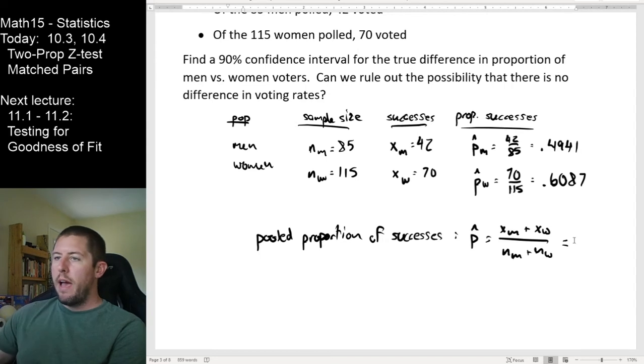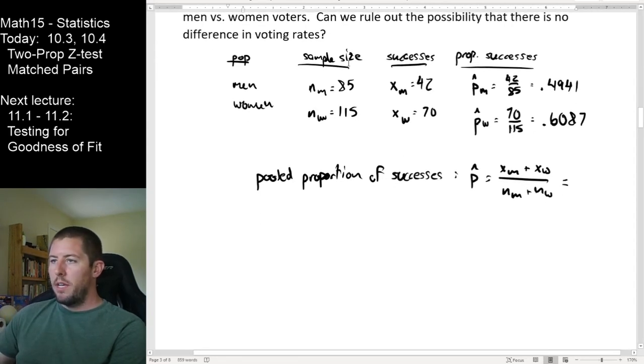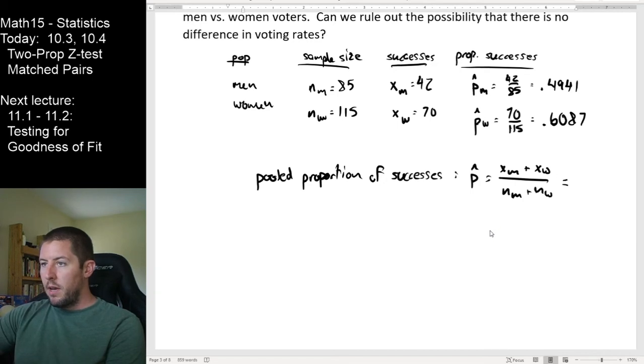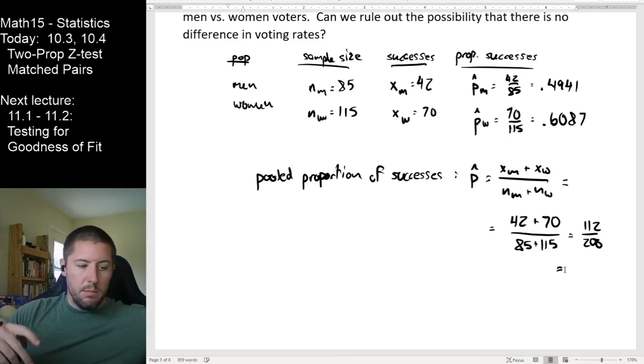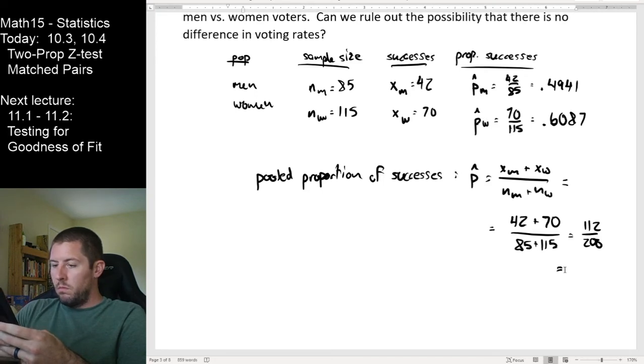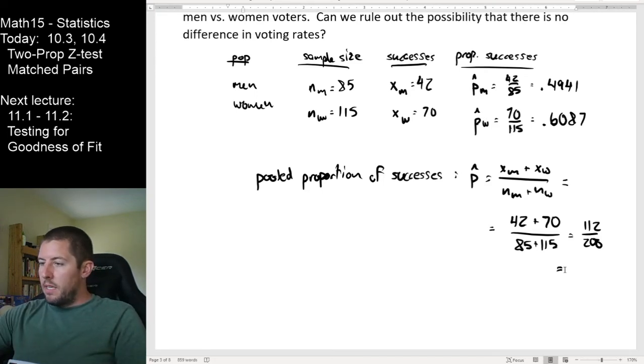I can just do this computation based on the numbers I've got here: the 42 men that voted plus the 70 women that voted, out of the 200 total people that we have polled. We'll get a decimal value for this as well, and I'm seeing this as 0.56.